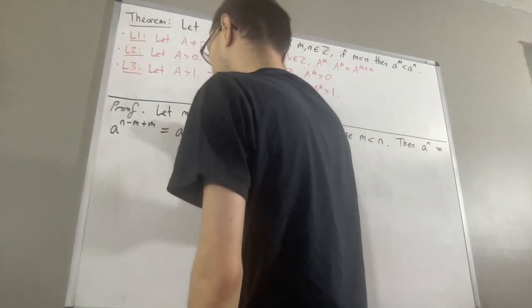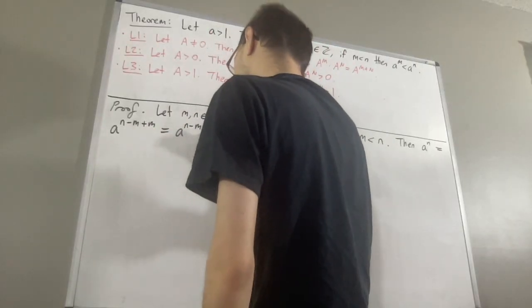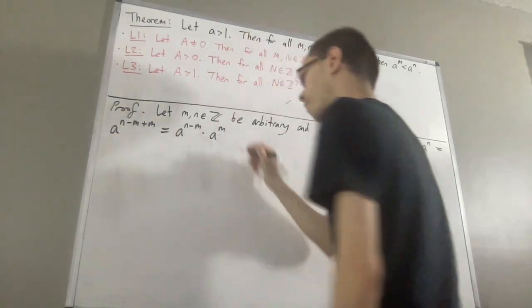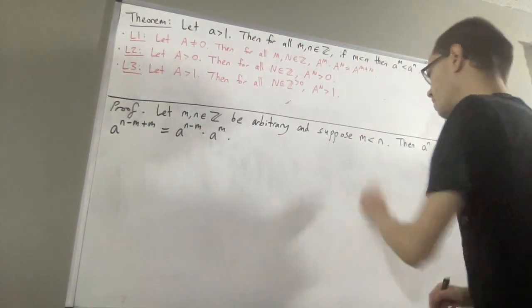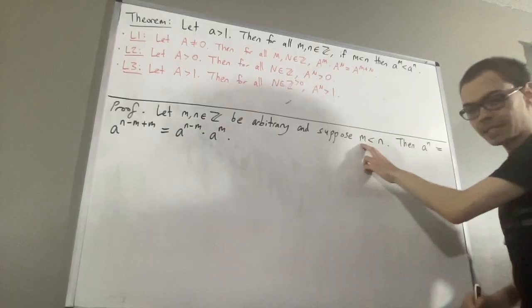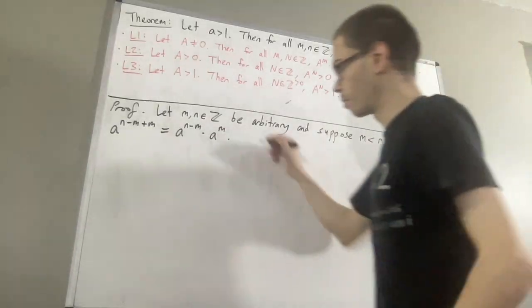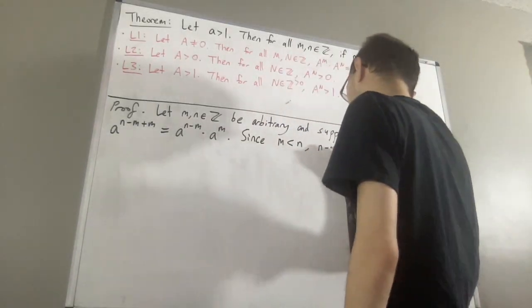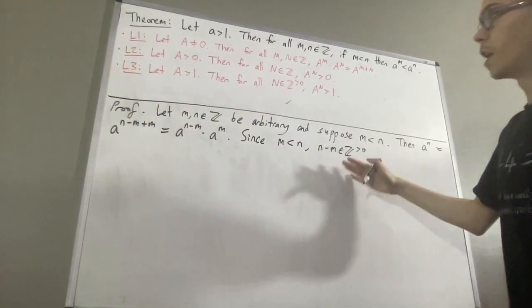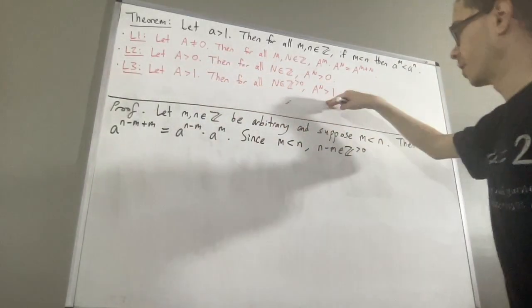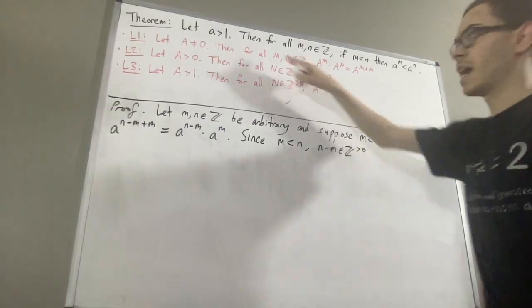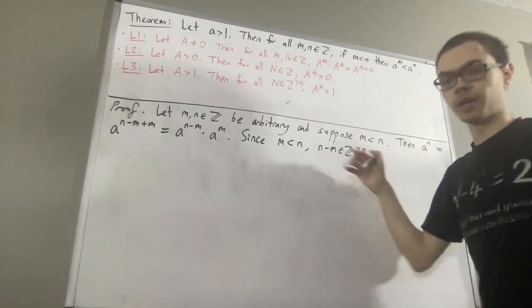This is going to be a to the power of n minus m times a to the power of m. So now, since m is less than n, n minus m is a positive integer. And because of that, it follows by lemma 3 that a to the power of n minus m is greater than 1.